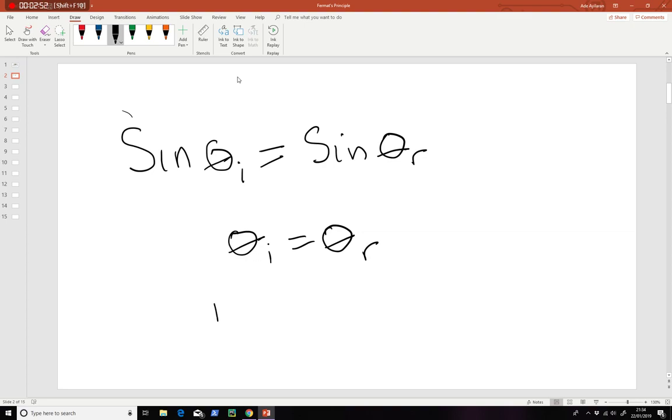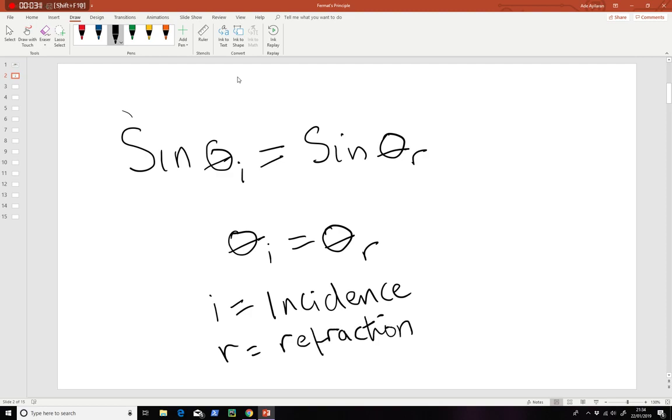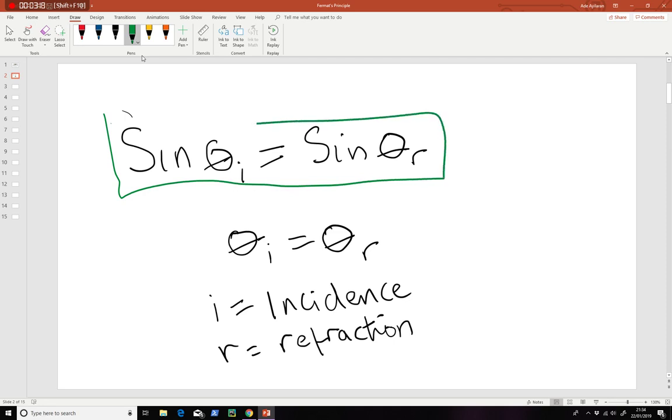And just so that I don't confuse anyone, I stands for incidence, and R stands for refraction. So in a nutshell, this is the law of reflection. Okay, and you would have learned this in first year A-level physics.